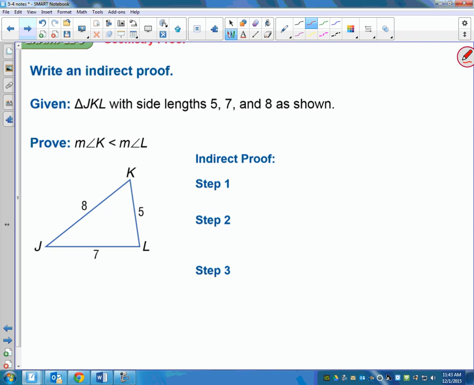Given triangle JKL has these side lengths, as shown, prove that angle K is less than angle L. Step 1. If I'm going to do a proof by contradiction, what is my first step?